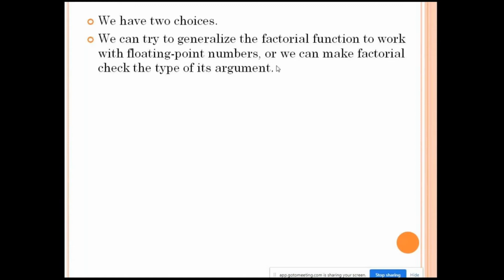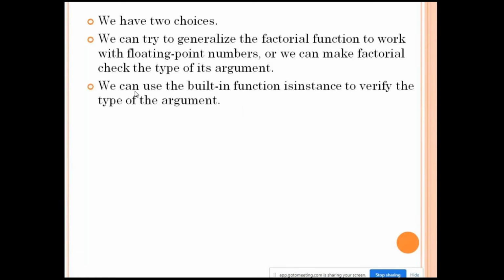That means first we check the type of the argument, then we do the process. It is one of the ways to correct the function, or to generalize it, so that the factorial process works on floating point arguments.